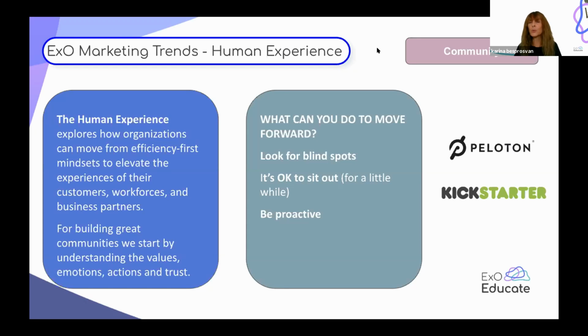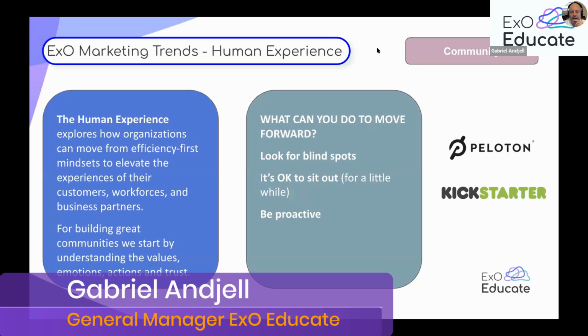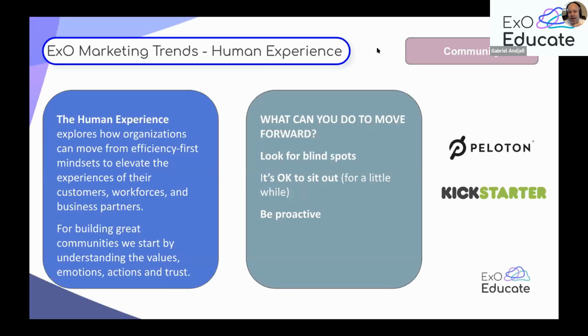And here we have two great examples of communities. The first one is a community where Gabriel belongs, because he likes cycling very much. So you can explain better about the Peloton one. Yeah, probably some of you already know Peloton. Peloton is the spinning bike. They are thriving right now because of COVID, obviously, but they were doing very, very well. And the idea is that they are not offering a bike, they're not selling a bike, they're selling a community.